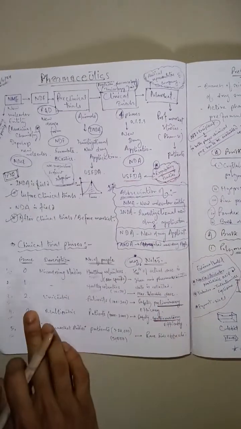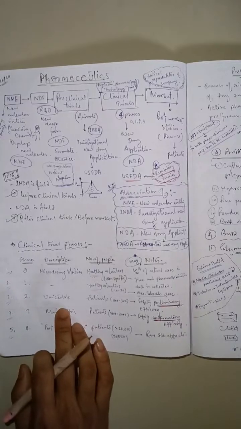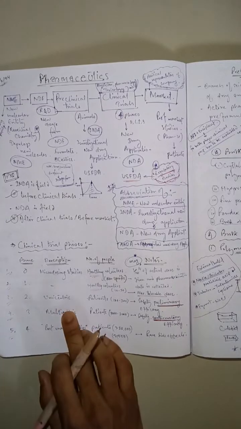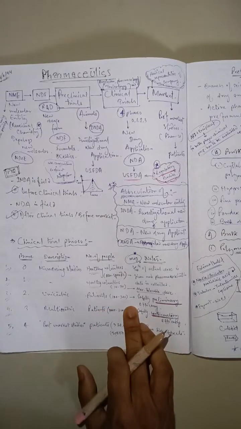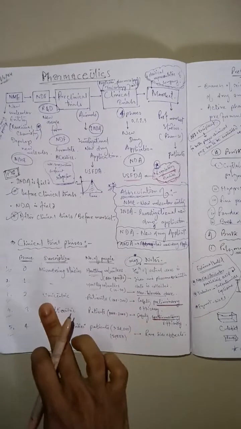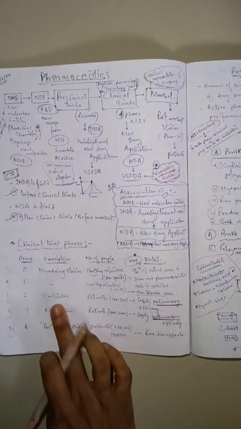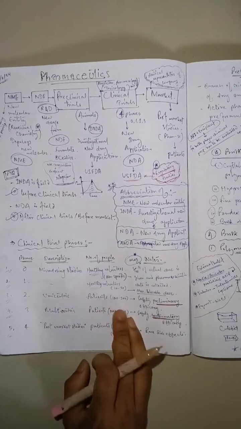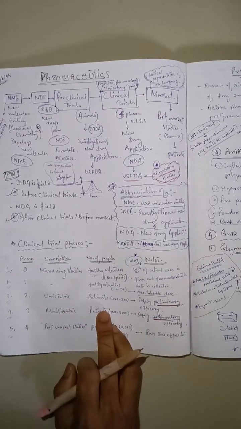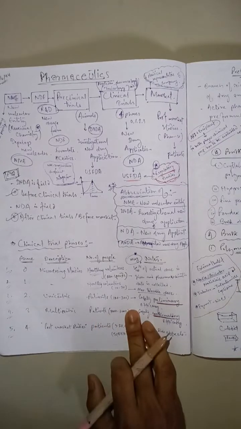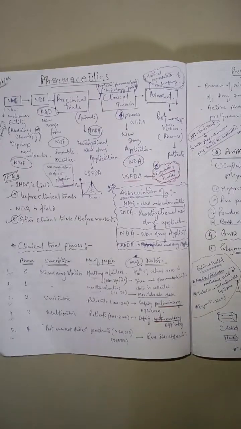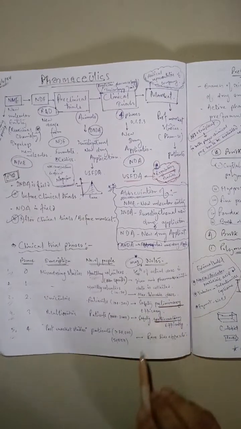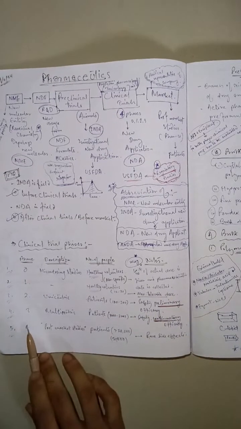Next, phase 2 studies, also called unicentric studies. In this, patients are almost 100 to 300. Unicentric studies are done on almost 100 to 300 patients, and it is also called safety and preliminary efficacy.